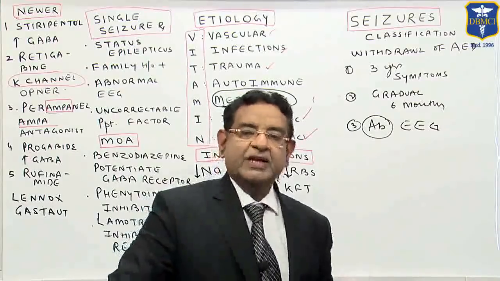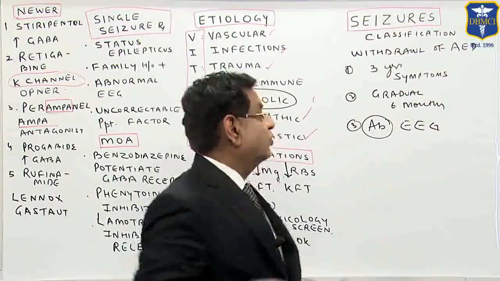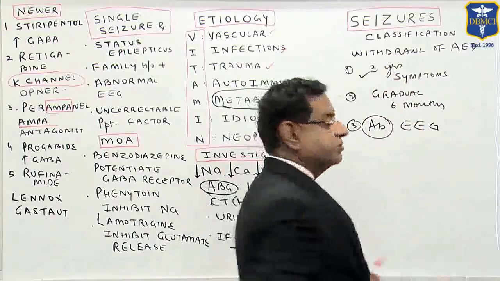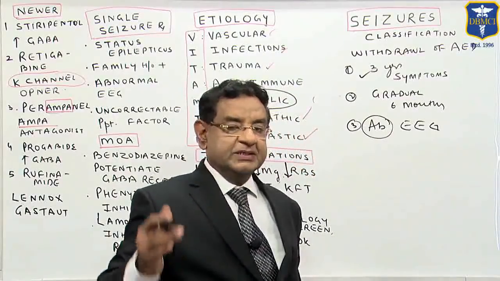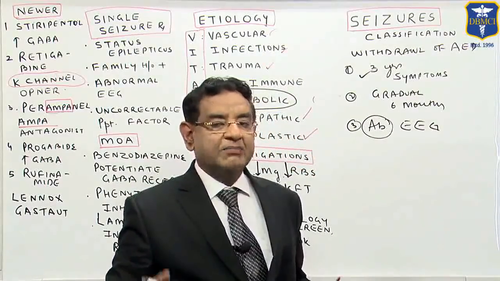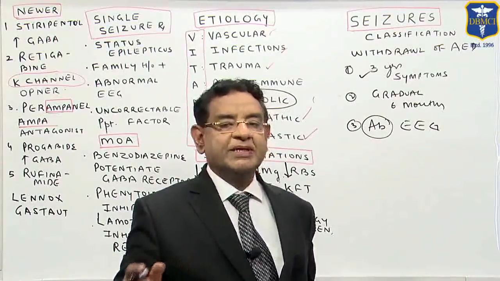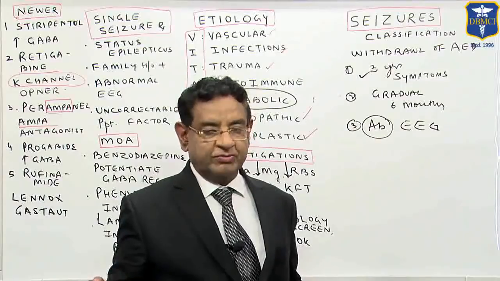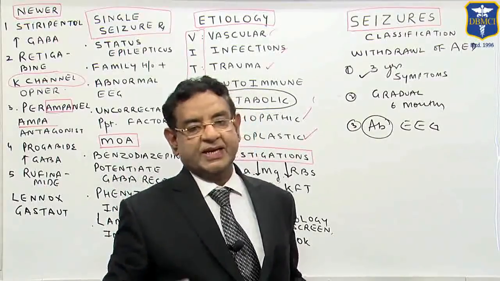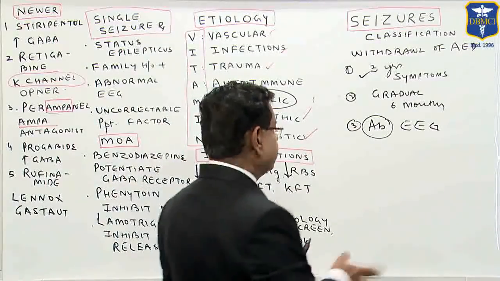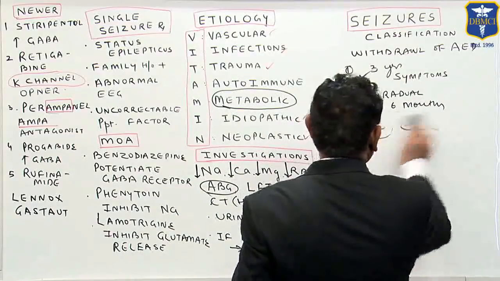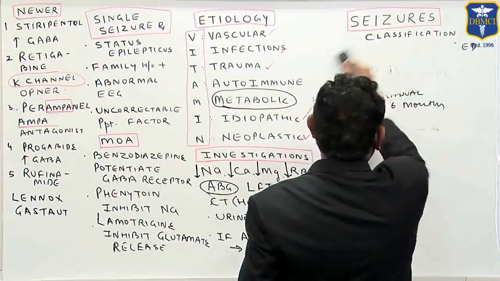You can very well stop the drug if the patient has no symptoms for 3 years. But chances of recurrence are much more if the patient has an abnormal EEG at the time of withdrawal of the drug. But again repeating, a second time, you can withdraw the drug. Abnormal EEG is not a hindrance to stoppage of the drug.